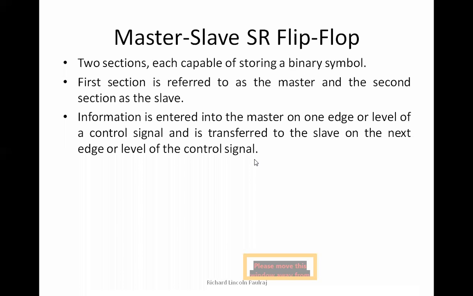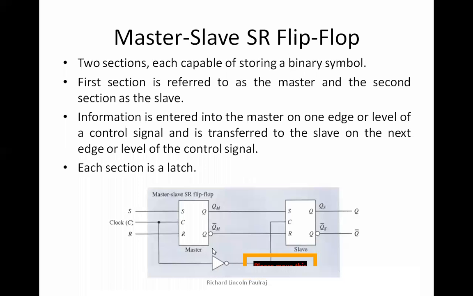Each section is a latch, which means it is capable of holding the data. So here you can see you have S, R as inputs, clock is given as common, and one special thing to keep the master on and the slave off is this inverter.